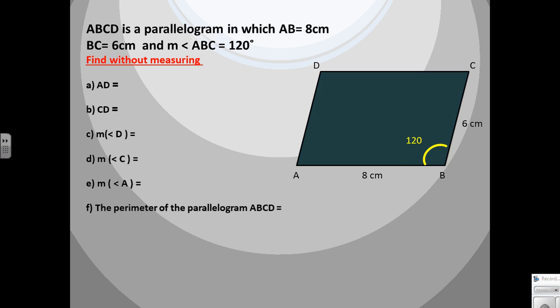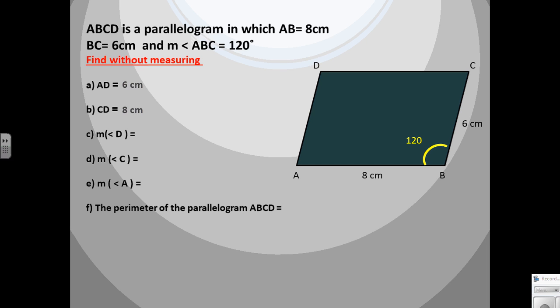Okay, AD is opposite to BC, and as we said before, in the parallelogram each two opposite sides are equal. So the length of AD equals 6 centimeters. What about CD? Excellent, it is opposite to AB. So the answer will be 8 centimeters.